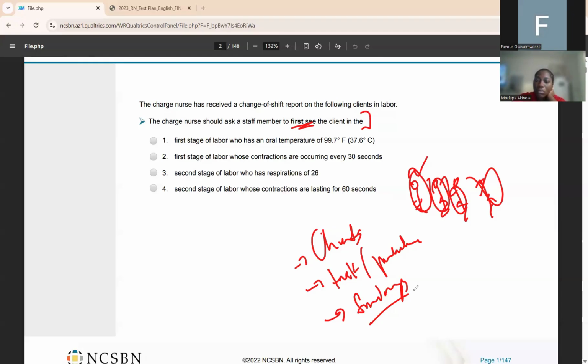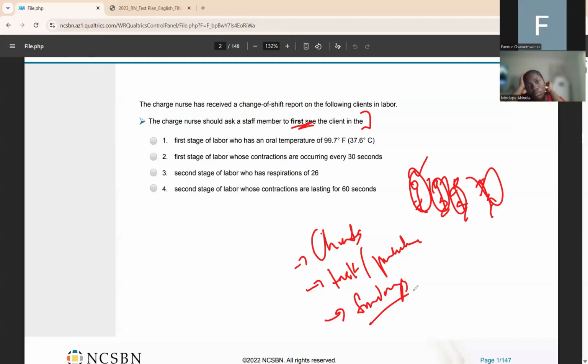Sometimes it might be which medication is important for you to give now. They might tell you a patient is having a particular situation and give you 4 different medications, and you will prioritize which medication is important to give now. That falls under tasks. That is also prioritization. And findings as well. They might give you 4 different findings and ask you which one you would prioritize. And then you will say, oh, this one is not really dangerous, this one is dangerous, and this one you will prioritize. So these are the 3 types of prioritization you will see.